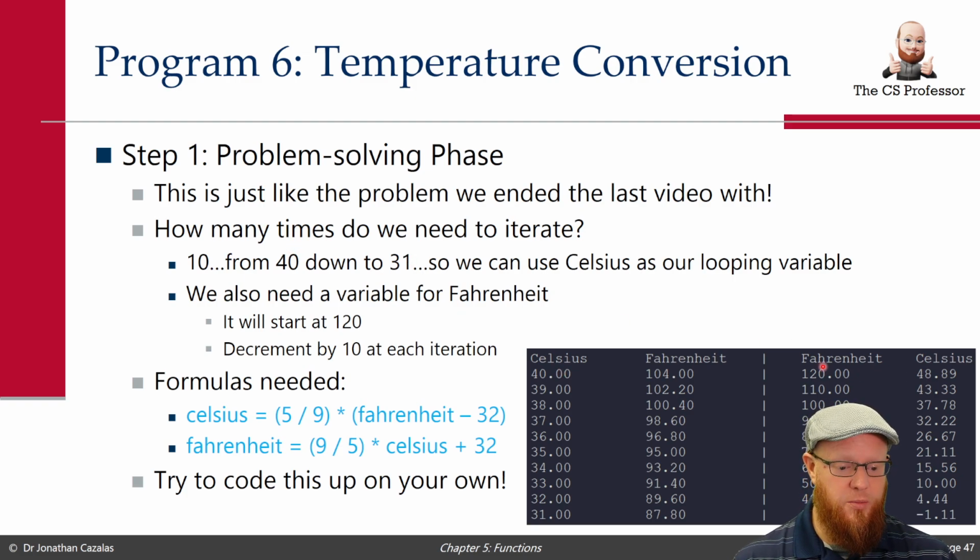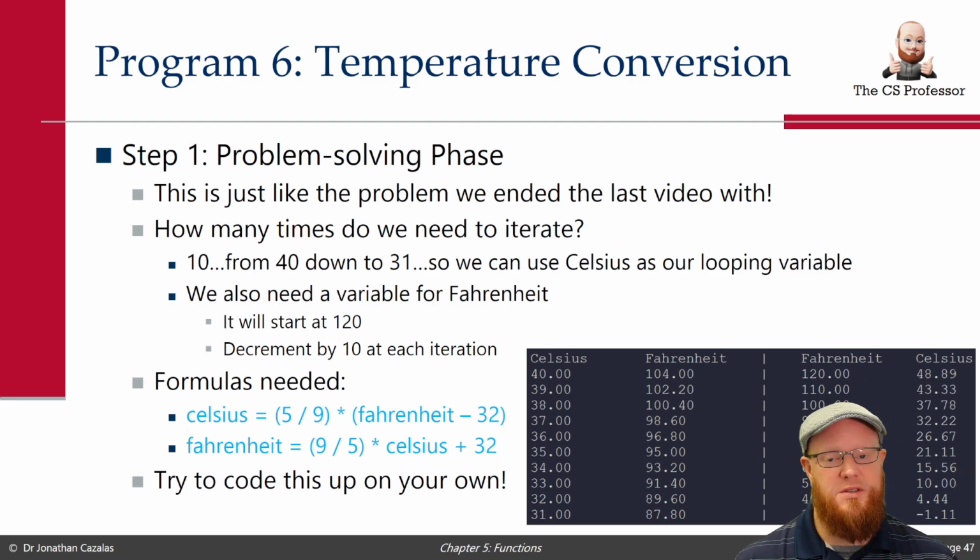We need another variable, Fahrenheit, for this 3rd column, starting at 120, and we're going to decrement Fahrenheit by 10 at every step. We need these 2 equations, right? You don't need to understand the math, just copy paste it, basically. Use that exact code. We need to know that this first column is going to be the looping variable.